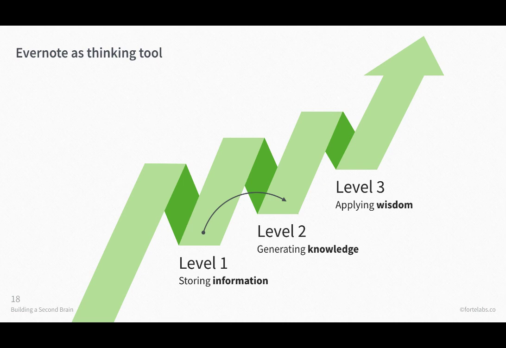This gets us closer to and sort of lays the foundation for that level 3, which is really making an impact using the knowledge that we have. This level 2 is like a bridge between level 1 and level 3 that produces the insights and the building blocks that are necessary for creative inspiration to occur.